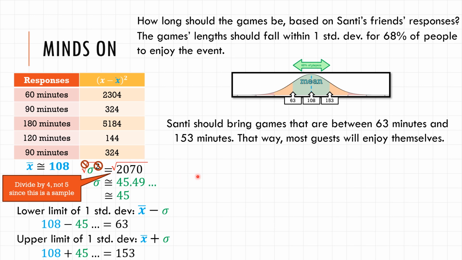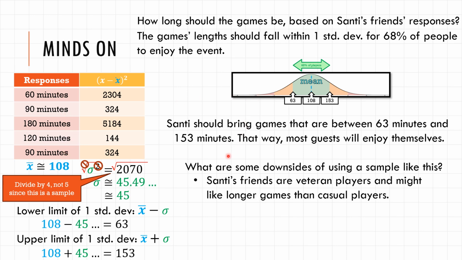So before we start to really deconstruct what we did here about populations and samples, what are some downsides of Santi using a sample like this? Some of the downsides for using a sample like this is that Santi has only asked his 5 friends, and he's using that information to learn something about 50 people.